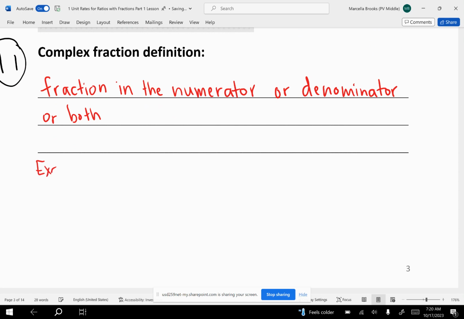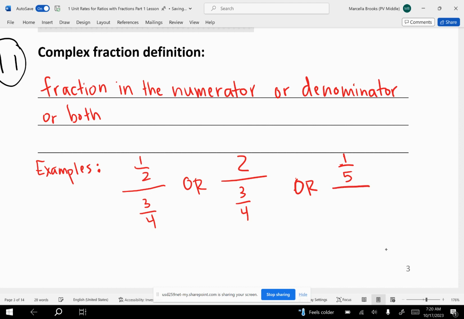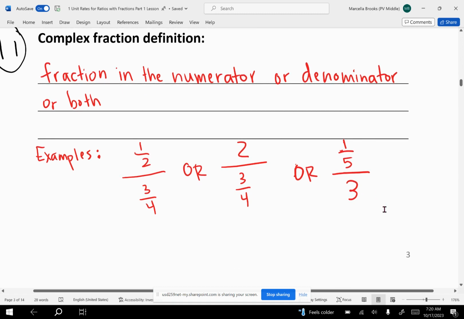Examples. That's what a complex fraction looks like. It looks like 1/2 divided by 3/4, or 2 divided by 3/4, or 1/5 divided by 3. So either there's a fraction in both the numerator and the denominator, or there's a fraction in one of them, and then a whole number in the other one.